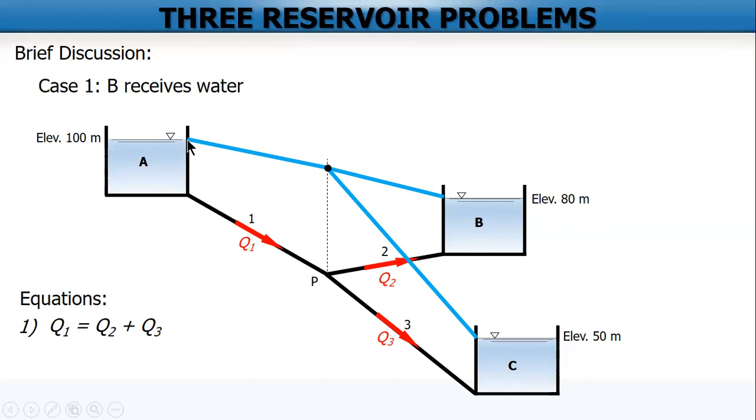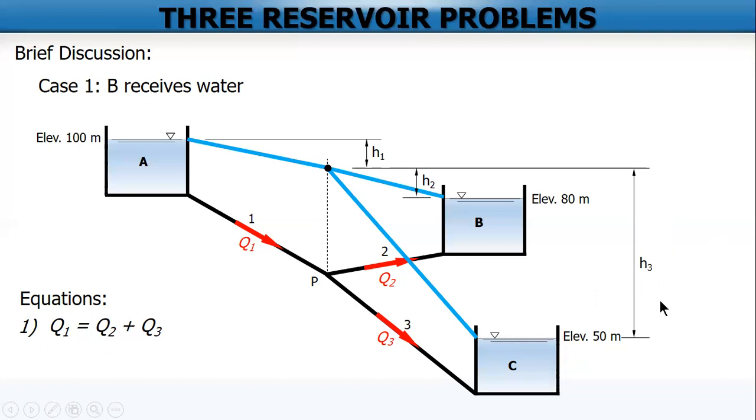The difference in value from 100 to this point is our HF1, the friction loss in pipe 1, or H1 is fine. The difference between the hydraulic grade line elevation at the junction and 80 would be our H2, the friction loss for pipe number 2. And the elevation at the junction minus 50 would be our H3.